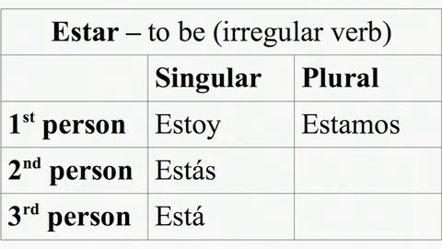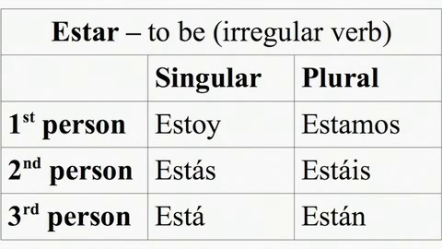And remember, you only use this one in Spain. Estáis. And last, you are plural and they are. Están. Bien, you'll get used to conjugating with more and more practice, and then you won't even have to think about it.